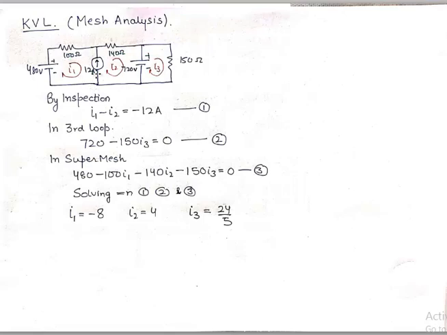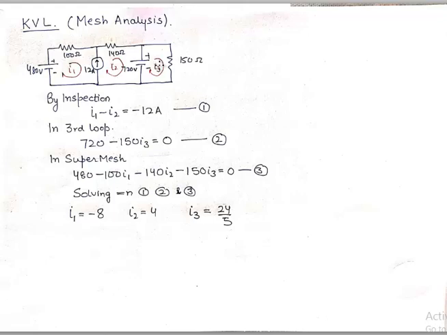So by inspection we know that I1 minus I2 is 12 ampere, because I1 and I2 are flowing in opposite directions in this branch, and you must take care of the directions.